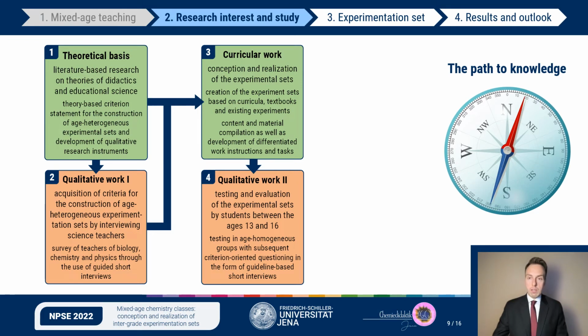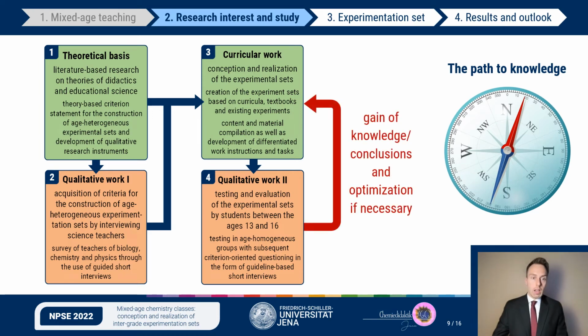The testing took place in age-homogeneous groups in order to be able to check the age-related suitability in particular. The evaluation was also carried out with help of guideline-based short interviews. However, this is not the end of the process. Based on the insights gained, conclusions can be drawn which in turn enable the curricular work to set to be optimized.